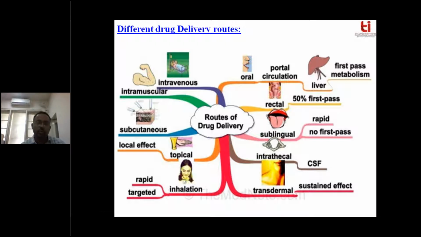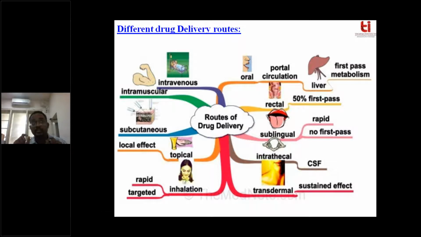The delivery routes through which we take drugs are many: oral, subcutaneous, intravenous, intraperitoneal, intramuscular, and so on and so forth. Every route has some advantages as well as some disadvantages.